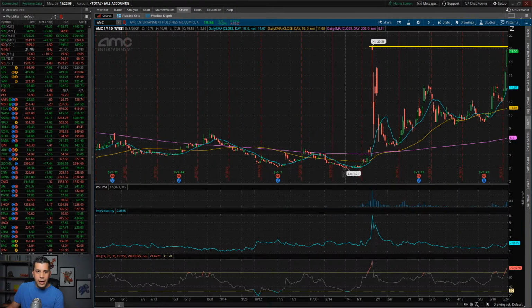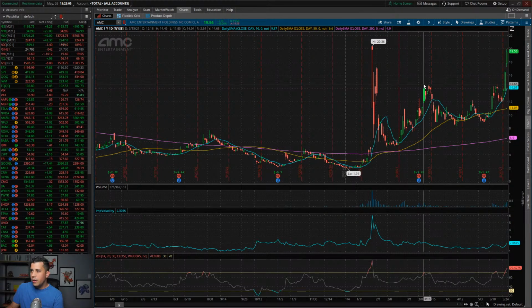Right down in this area, we also had another situation where there was a potential double top, right? It was not looking like it wanted to break through, but then we had a strong breakthrough and it was good to go. Once it hit the 16 area, it was pretty good to go back up to 20.